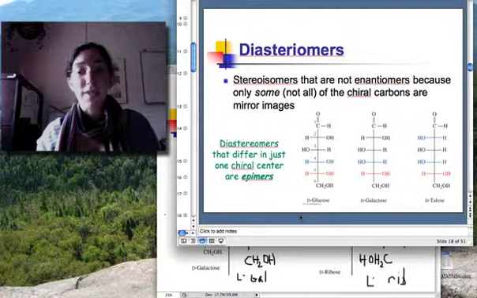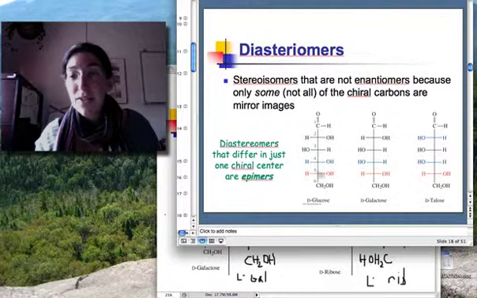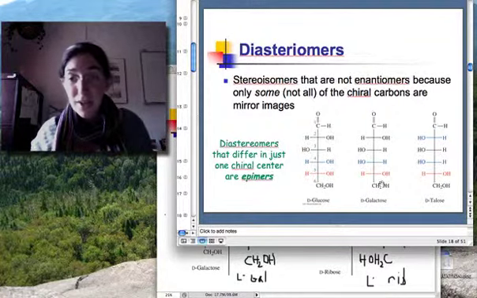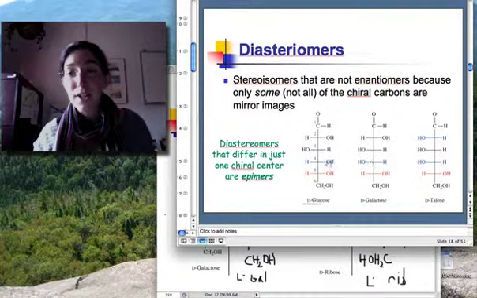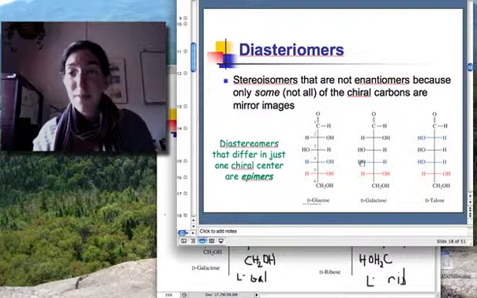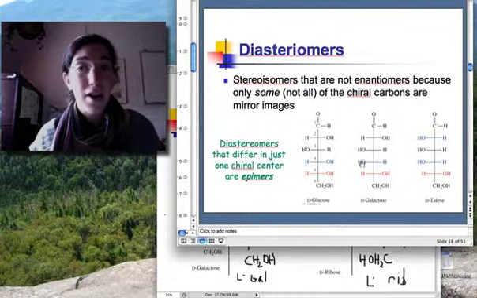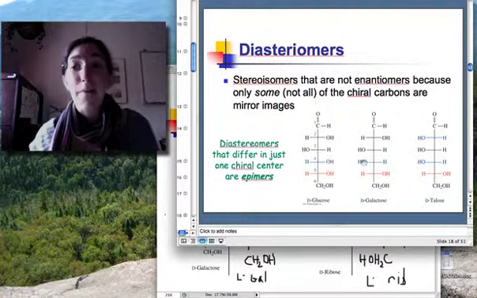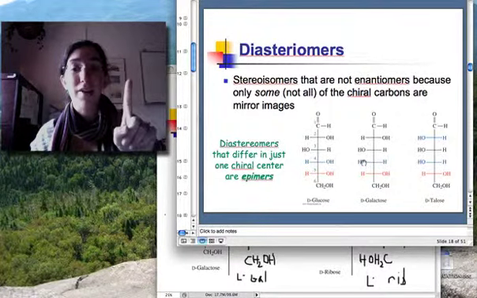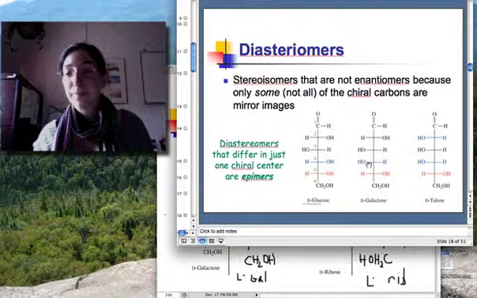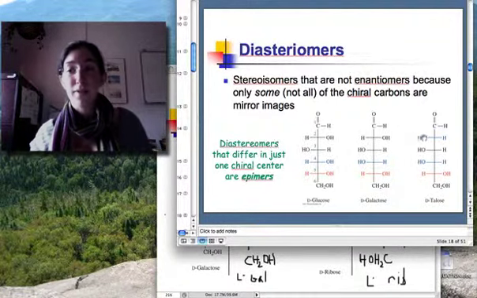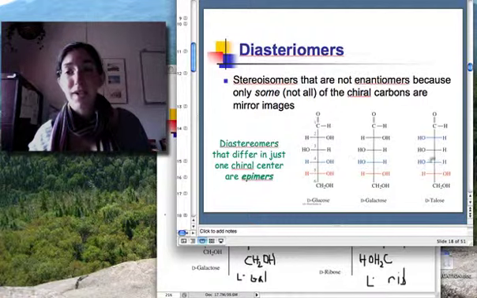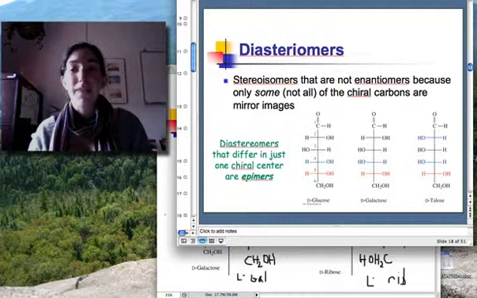So here are some examples. You have D-glucose here. If you compare D-glucose to D-galactose, you'll see that only the carbon on the third one here is flipped. That would be an epimer, because only one chiral carbon is flipped. And for D-talose, these two blue groups here are the two that differ, that are flipped from D-glucose.